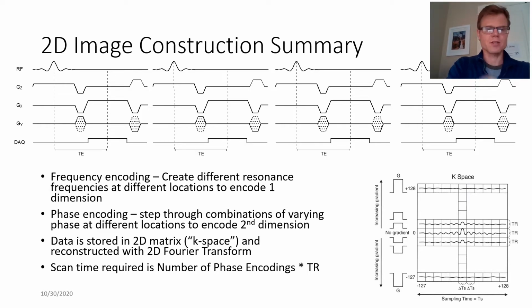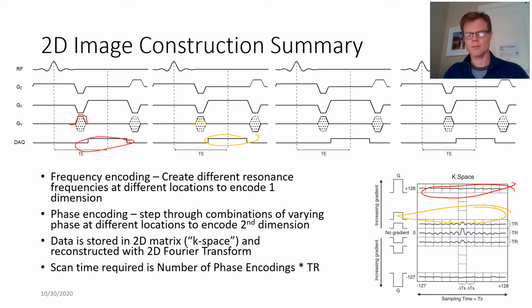The process of image construction is that we have a frequency encoding gradient always on to encode one dimension, and to encode the second dimension, we step through different values of K-space and so on to fully encode our image data. We briefly introduced this concept of K-space, and that's what we're going to elaborate on a bunch today.